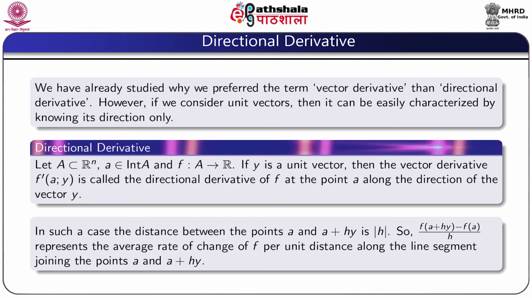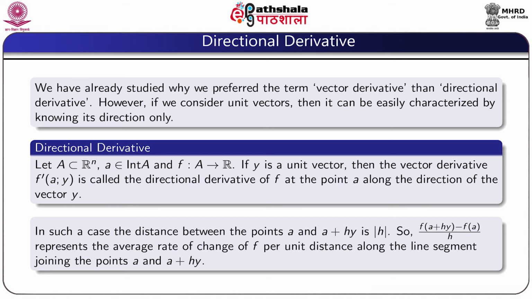We give a new definition for directional derivative. Let A be a subset of R^n, a is an interior point of the set A, and f is a scalar field defined on the set A. If y is a unit vector, then the vector derivative f'(a, y) is called the directional derivative of f at the point a along the direction of the vector y.